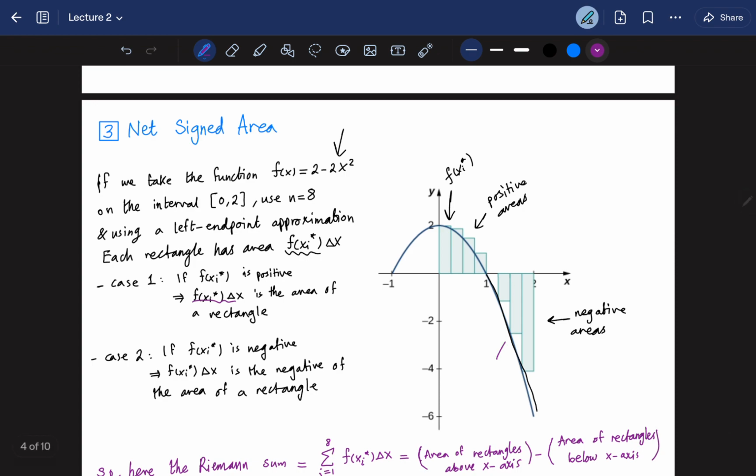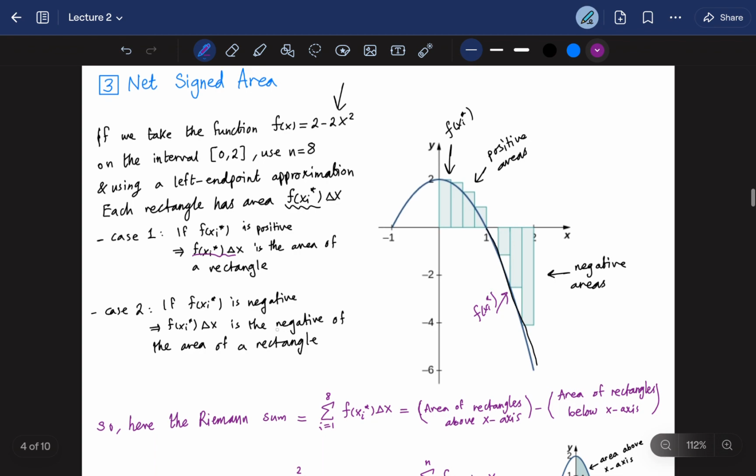But what happens if I find f of xi star here? Since this part of the graph is below the x-axis, my f of x is going to be negative. So here we're getting an area of a rectangle, but it's going to be negative. So these rectangles are going to be positive areas, while these rectangles are going to be negative areas.